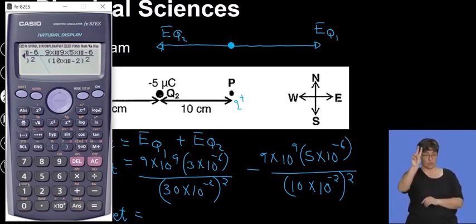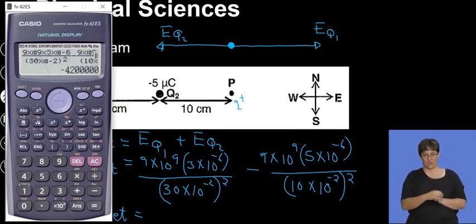Do not forget to square the distance, okay? So this gives us the value of our E due to those 2 point charges at point P. So this is negative. And negative says it's actually west in terms of direction, okay? Because we said that if towards P is east, which is positive, then if the answer is negative, our interpretation of it is that it's going to be westwards.